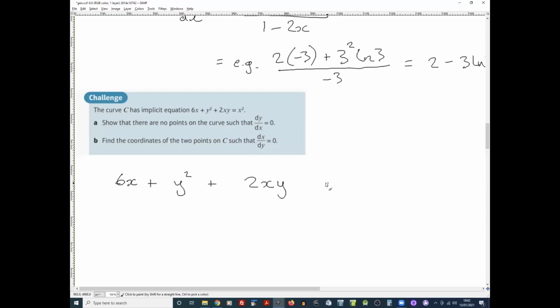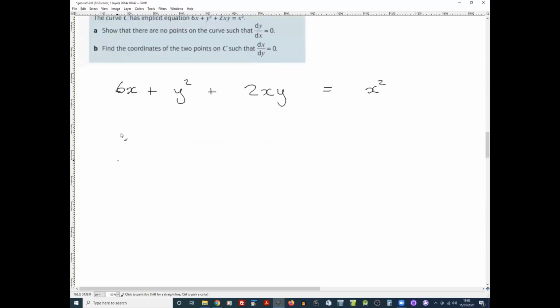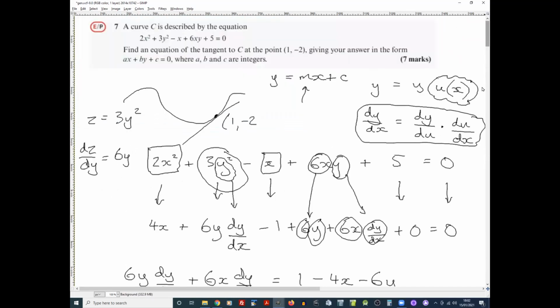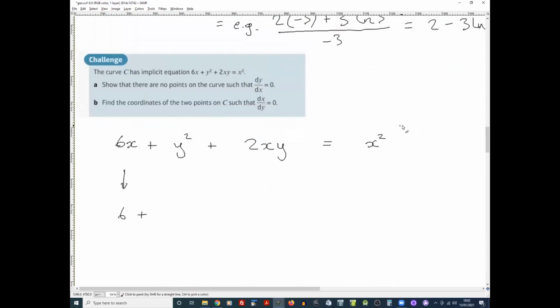I tend to give myself lots of space. Okay, cool. So 6x. Good. Y squared. This is similar to 2 dy over dx. Well, no, but that would be the derivative of 2y. Oh, so is it dy over dx?